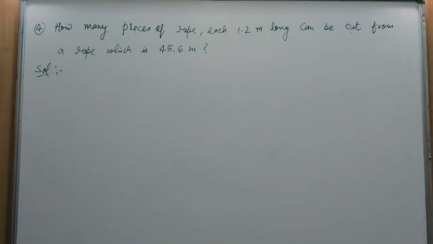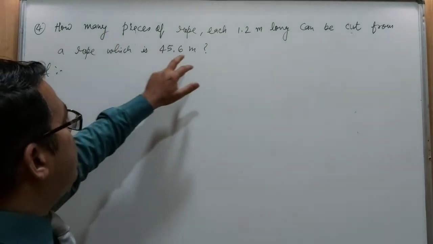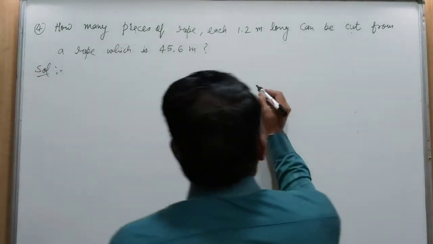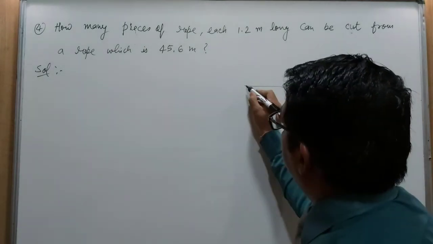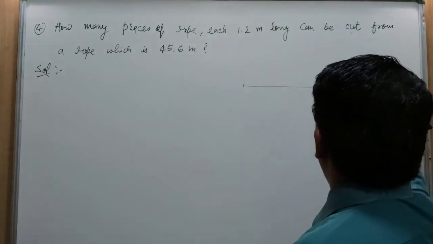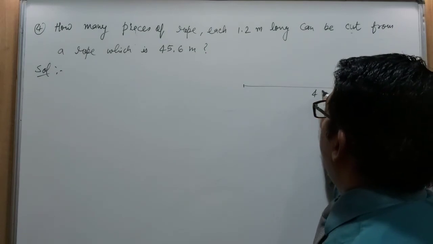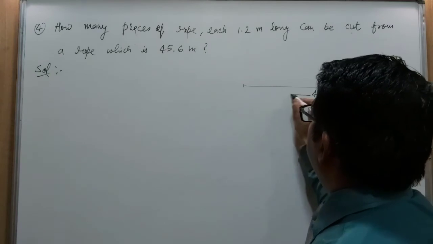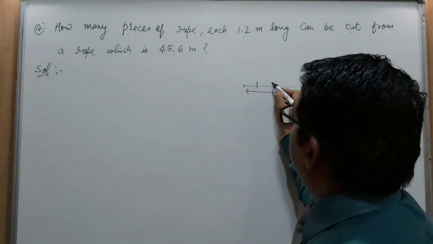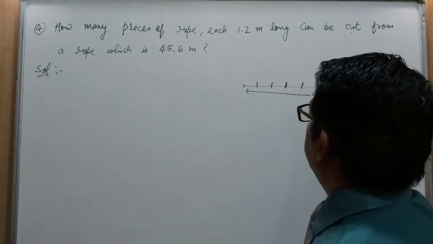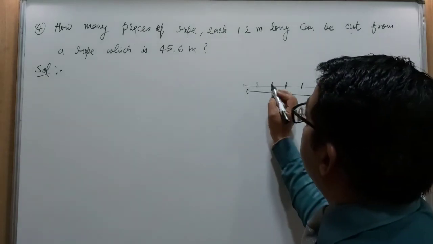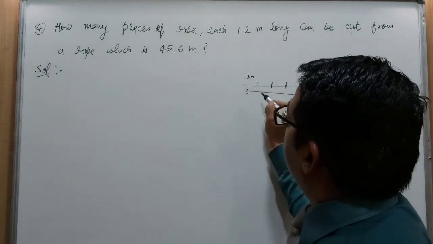So how many pieces can you cut? This is the same question as the previous one we discussed. So if you divide 45.6 by 1.2, suppose this is a rope. The length of this rope is 45.6 meters. This is the total length, and we need to cut pieces like this, and the length of each piece is 1.2 meter.